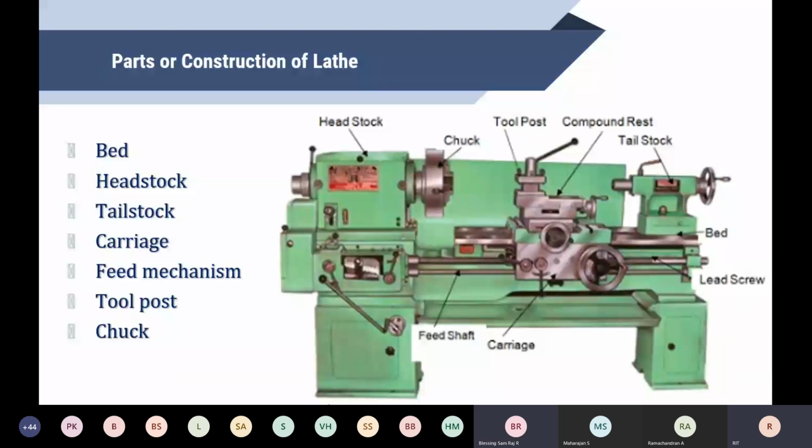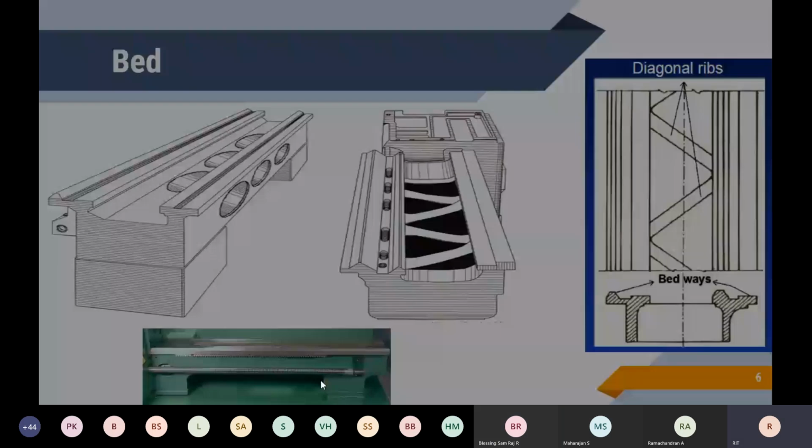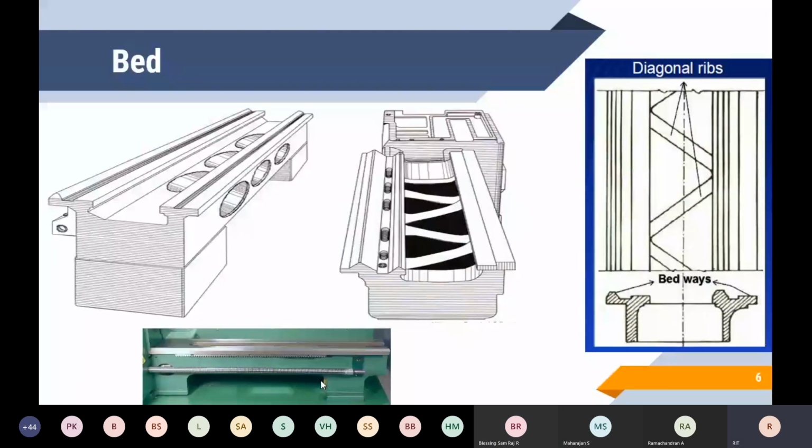Now the parts and construction of the lathe. Most of the students and faculty members can see these physically in the laboratory session. The parts are the bed, headstock, tailstock, carriage, feed mechanism, tool post, and chuck. We'll see them one by one. The very first is the bed. The bed is the base where all the lathe parts are mounted. It's generally a single-piece cast part made of cast iron.